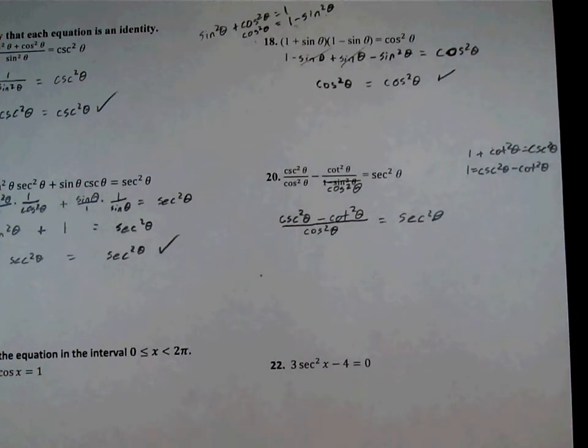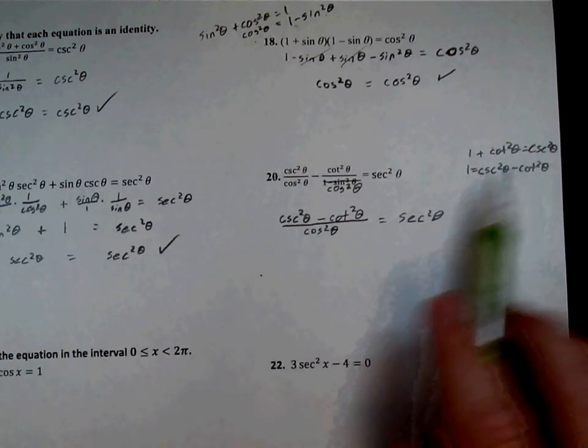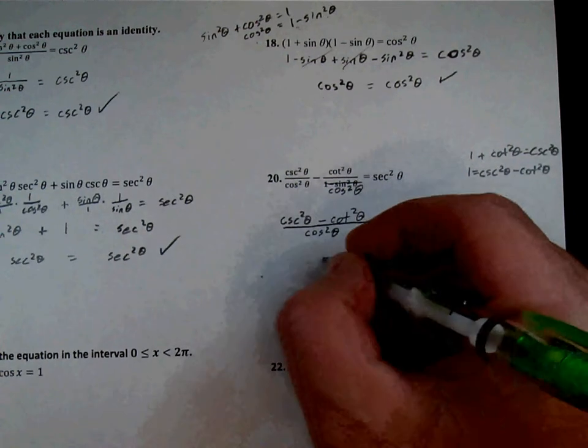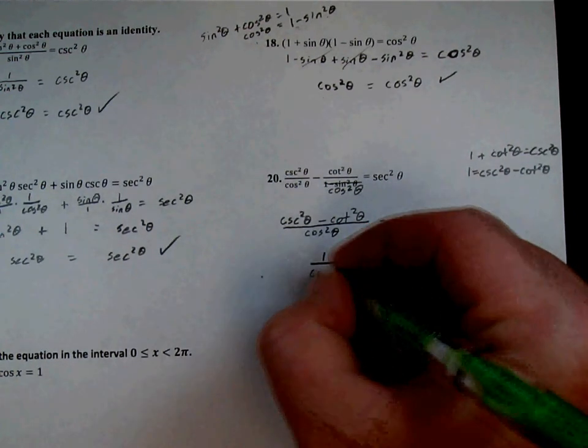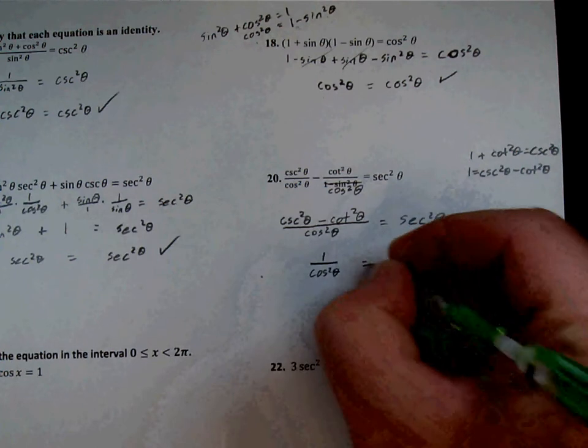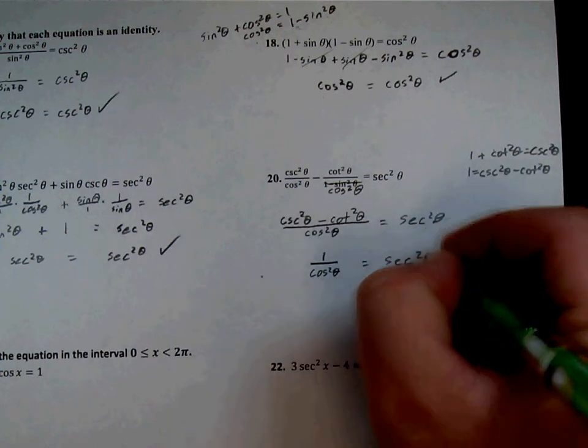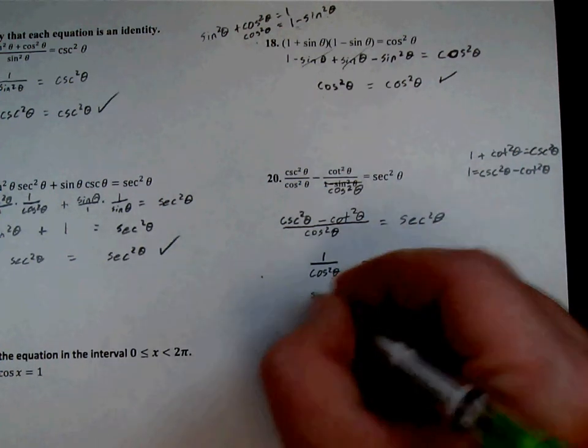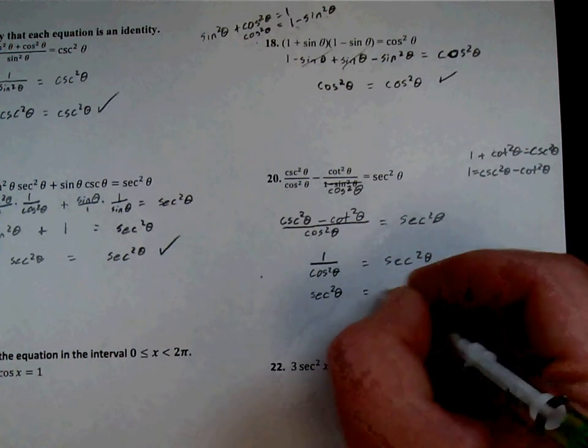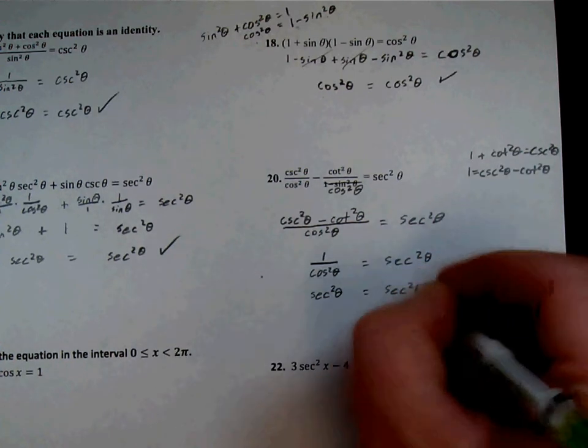So it would read 1 equals cosecant squared minus cotangent squared. Well, cosecant squared minus cotangent squared is what I've got. So I get 1 over cosine squared of theta. Well, 1 over cosine squared is secant squared of theta, which equals itself. So we verified that one.